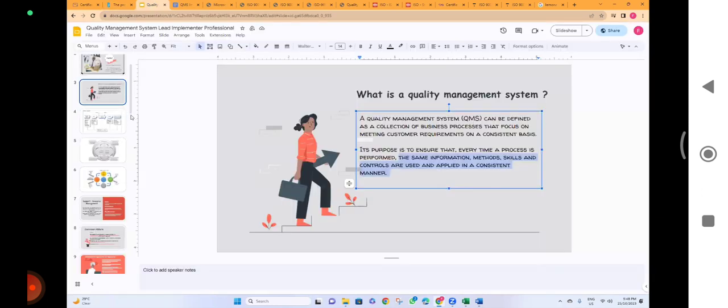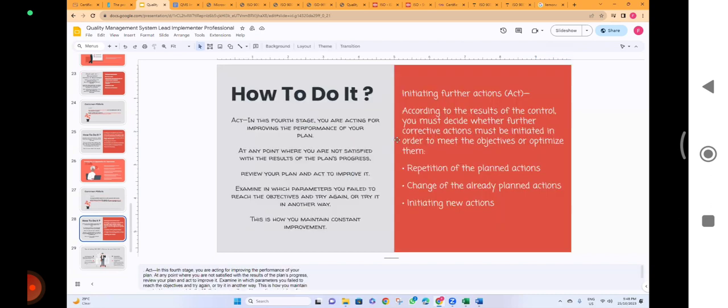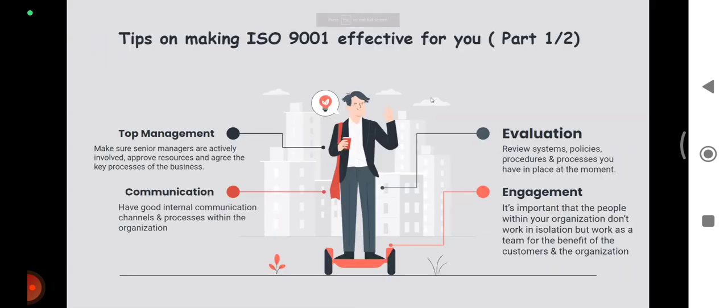So to conclude this training, I'm going to leave you with some tips to make ISO 9001 effective for you, so that it can help you deliver your needs and expectations and meet your customer needs.